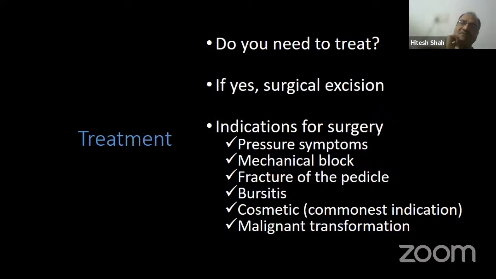Very commonly, chondrosarcoma arises in cancellous bone. Malignant transformation is less than 1%, but in multiple diaphyseal aclasia it is very common.